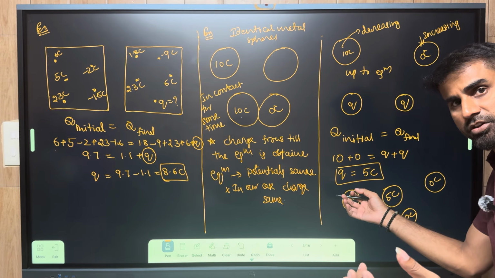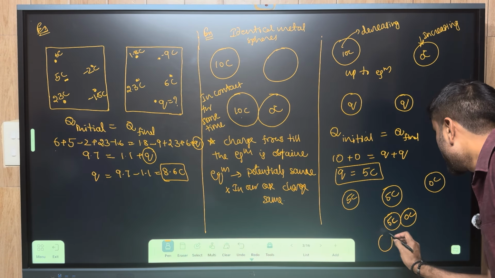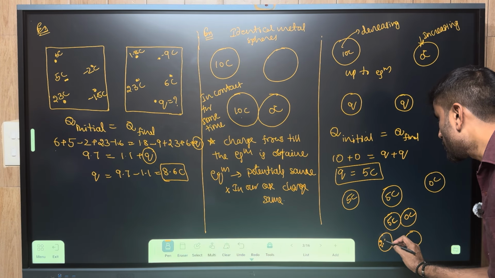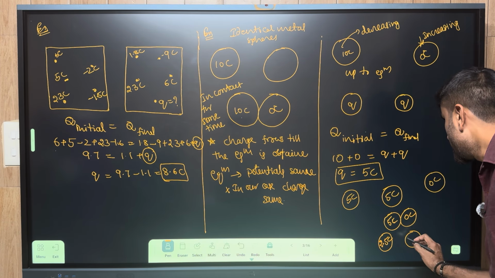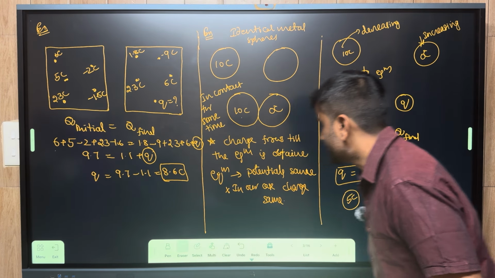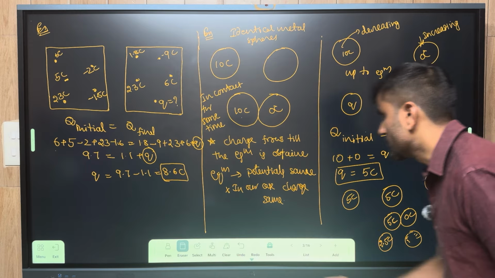That means after the equilibrium is obtained, let's say I have separated the two objects. Now these two bodies will have the same charge, which would be equal to 2.5 coulombs and again 2.5 coulombs.